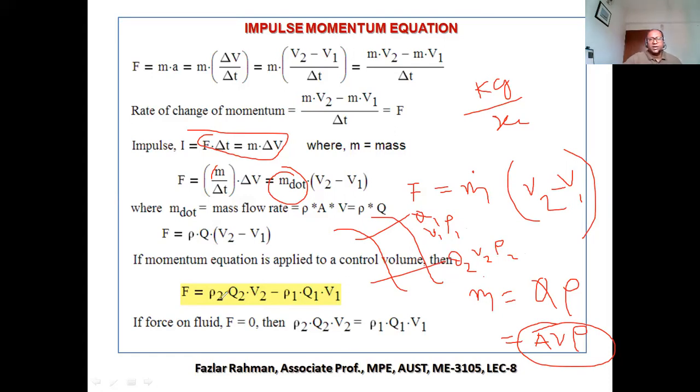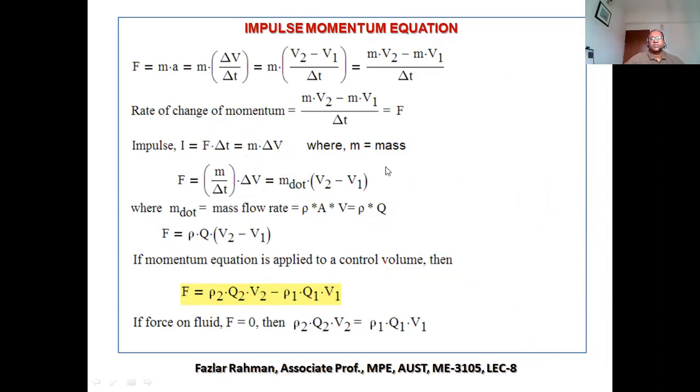You get the subtraction of these two: rho 2 Q2 V2 minus rho 1 Q1 V1. Now if these are the same, then there will be no force on the pipe. So the force on the pipe will equal rho Q times V2 minus V1. That means you need to figure out the change of momentum due to the change of direction or change of velocity.